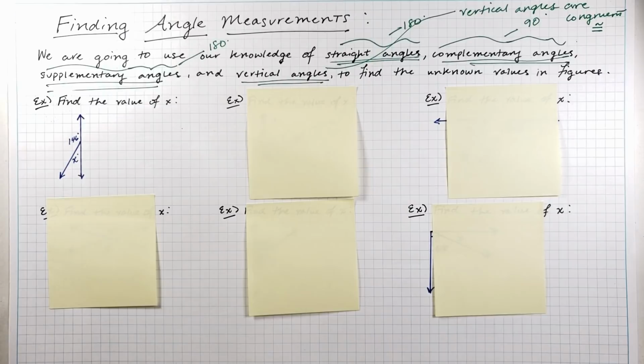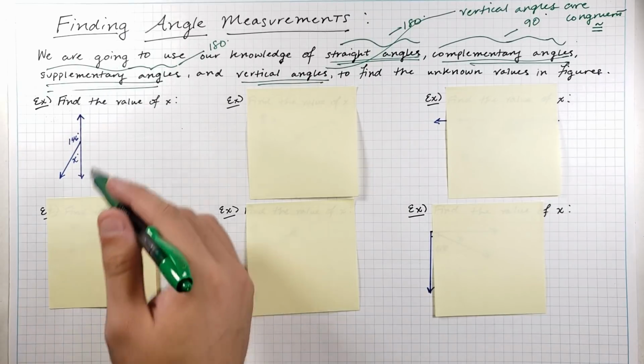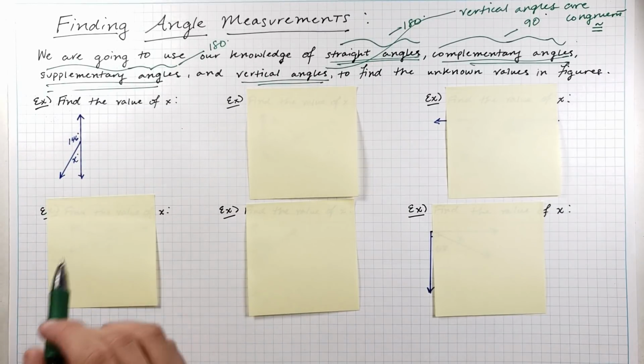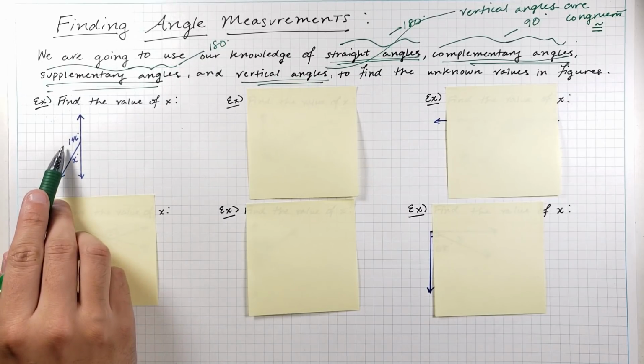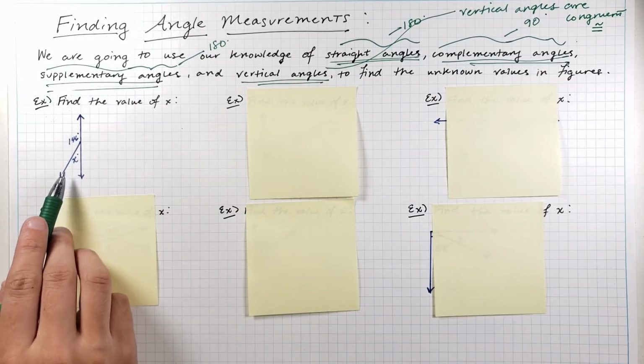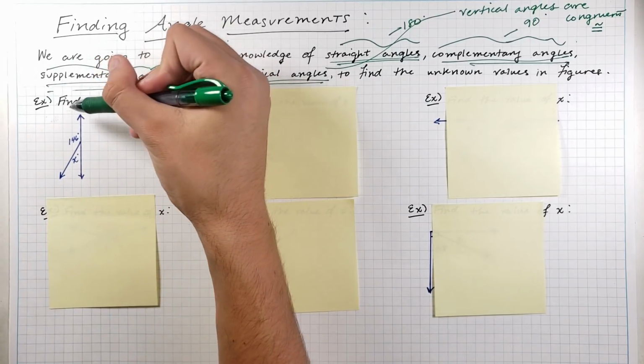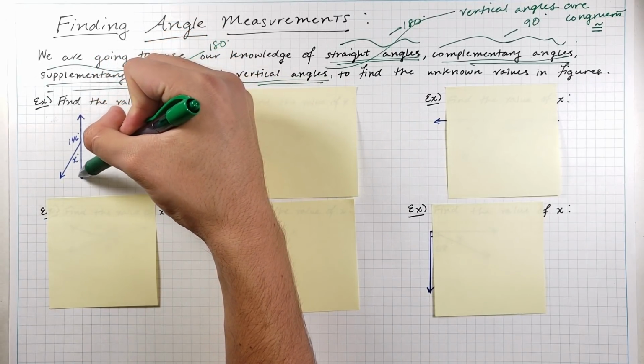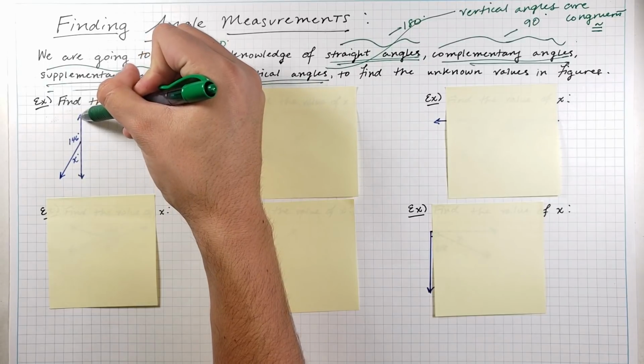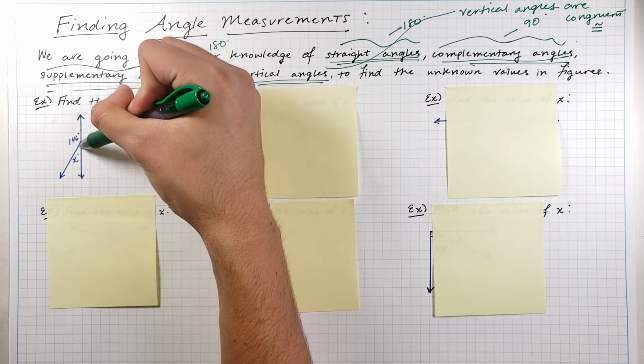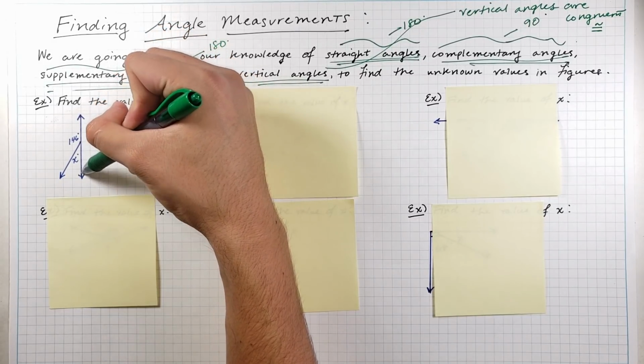If you look closely, you can see that this angle and this angle are part of a straight angle, this straight line. You want to use the fact that you have a straight line a lot in problems like this, when you see it.